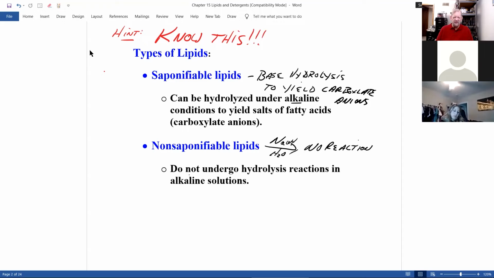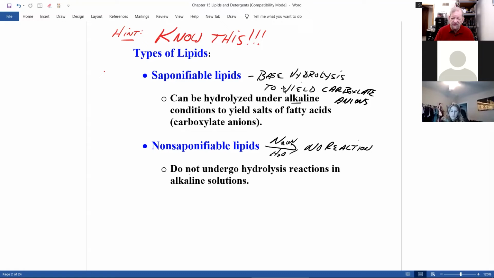So, two types of lipids. Remember, lipids are molecules that come from plants and animals, not soluble in water, soluble in nonpolar organic solvents. And there are two types: saponifiable lipids and non-saponifiable lipids. A saponifiable lipid, when you treat it with base and water, base hydrolysis, yields carboxylate anions.